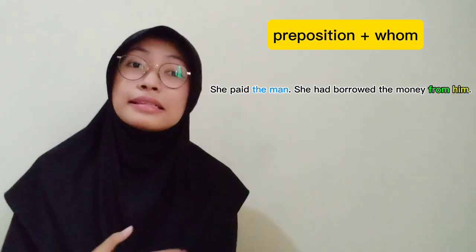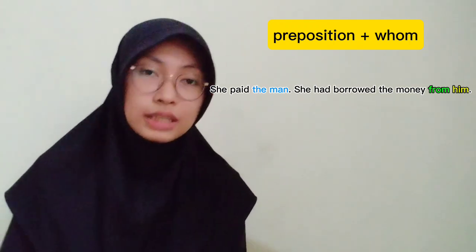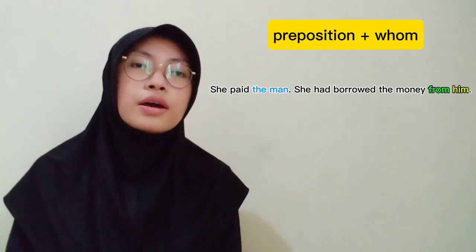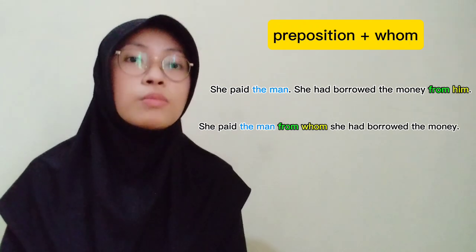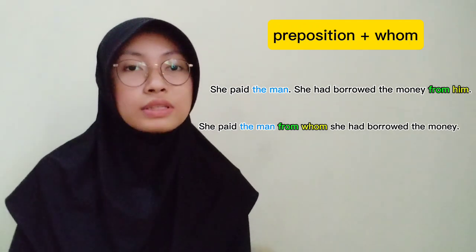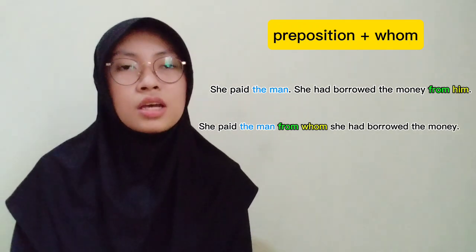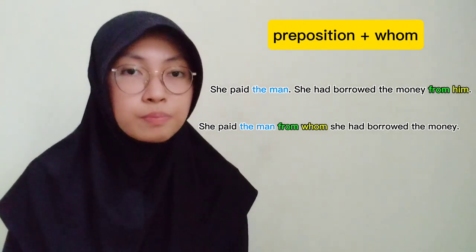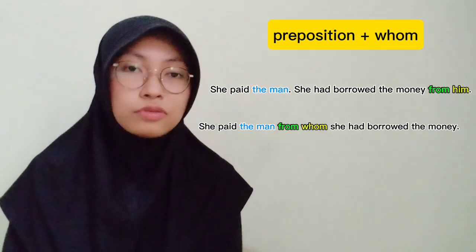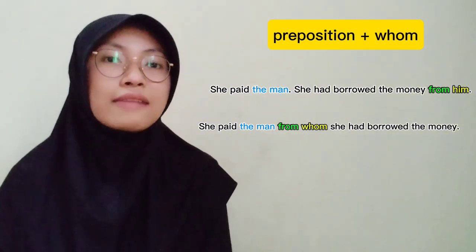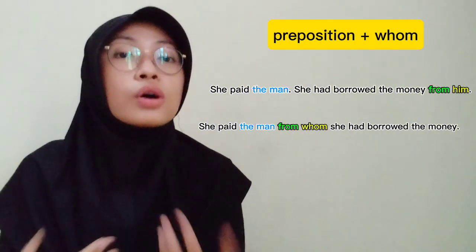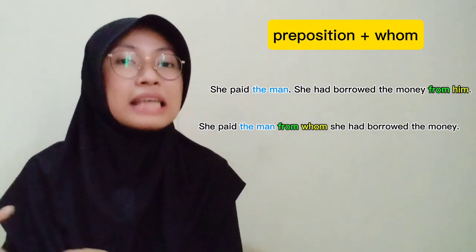Let's combine these sentences by using the correct relative pronoun. So they become, she paid the man from whom she had borrowed the money. If there is a preposition before the object and the object is a person, you should shift the preposition and then the relative pronoun whom right after the noun being described.